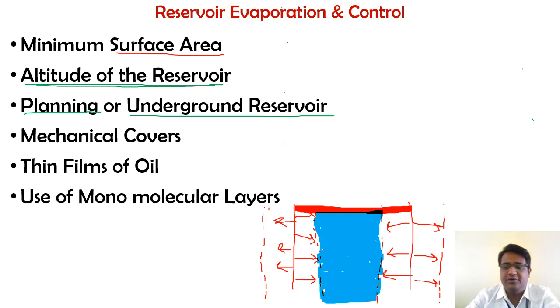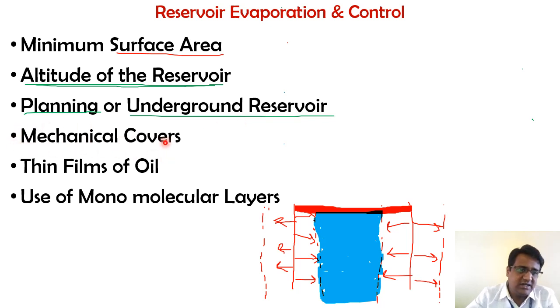This third point is possible only if your budget is sufficient, and you can construct a large underground tank or reservoir, where it will not be exposed to the atmosphere or to the sunlight.